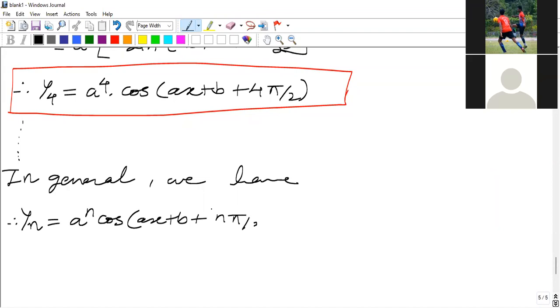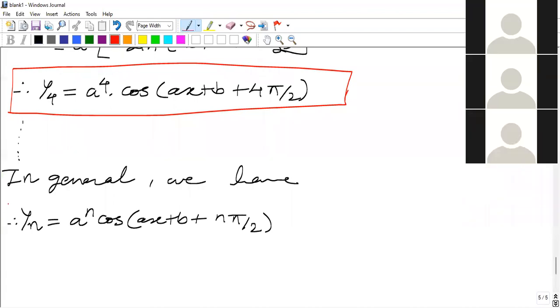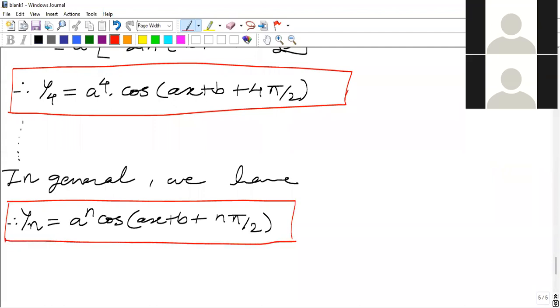Great, that's good. So here we got the nth derivative.